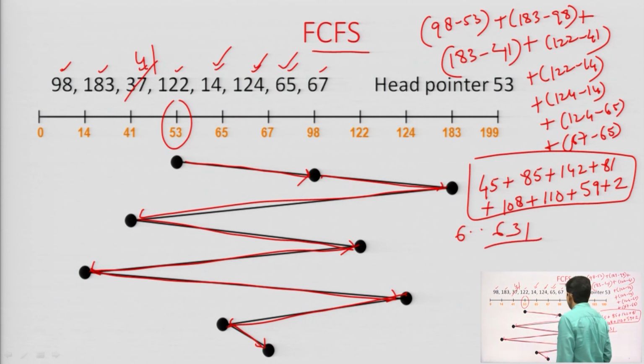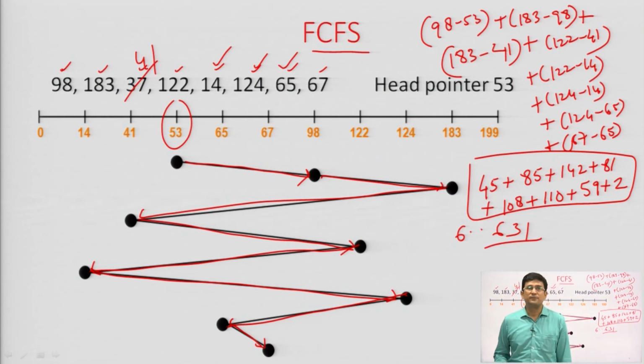So this is 631. So 631 movements took place for performing so. It may be wrong also, you should go with the calculator to solve this.